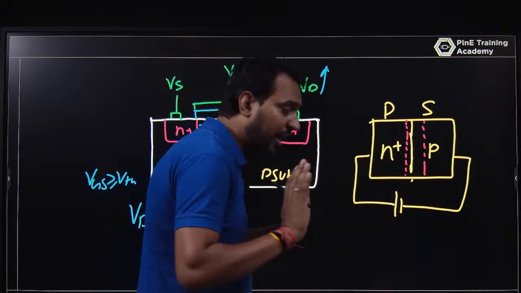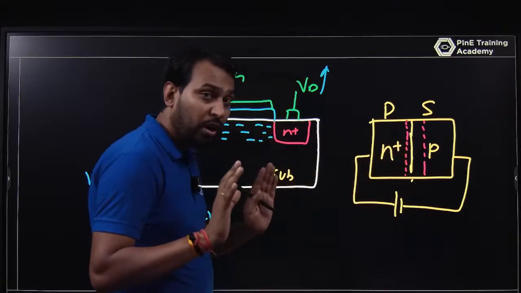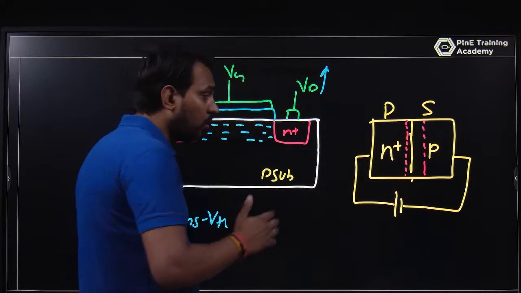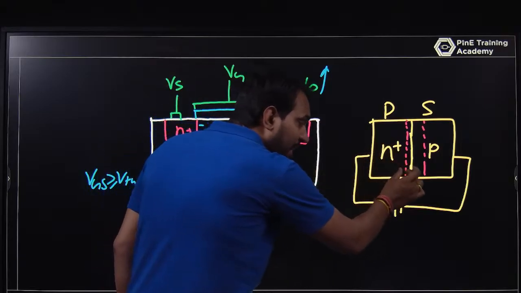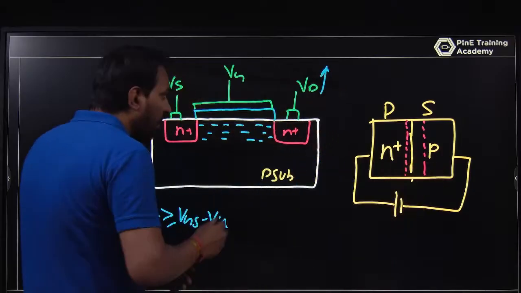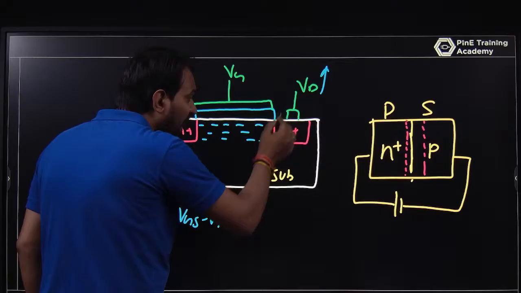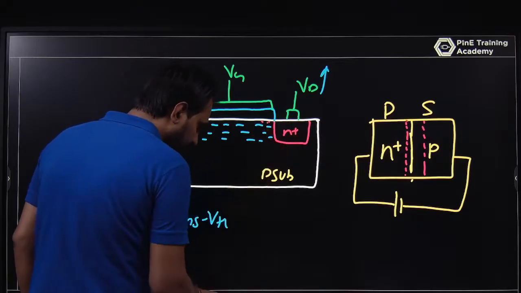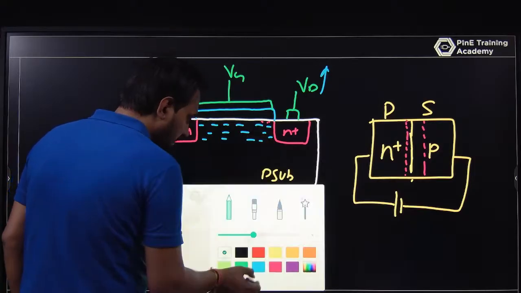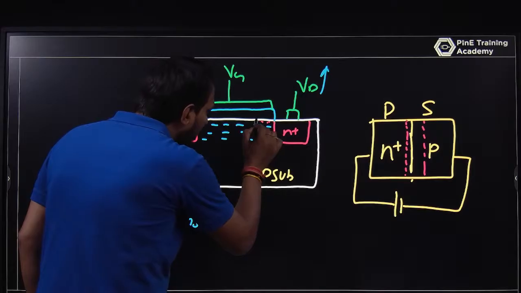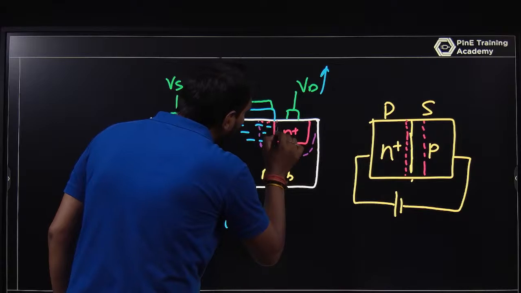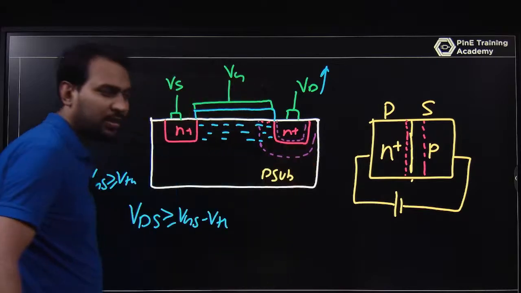If you are pushing, 1000 people will not be shifted as much as 100. So if we are reversing this, the depletion region will increase, but it shifts towards the hole side. Means if you are increasing this VD, the depletion region is shifted towards the P side as compared to the N plus.